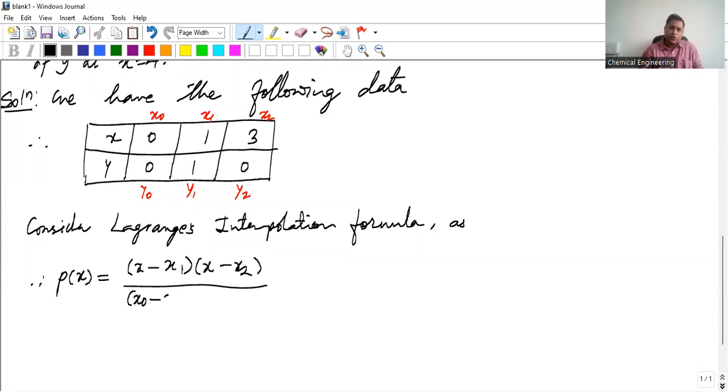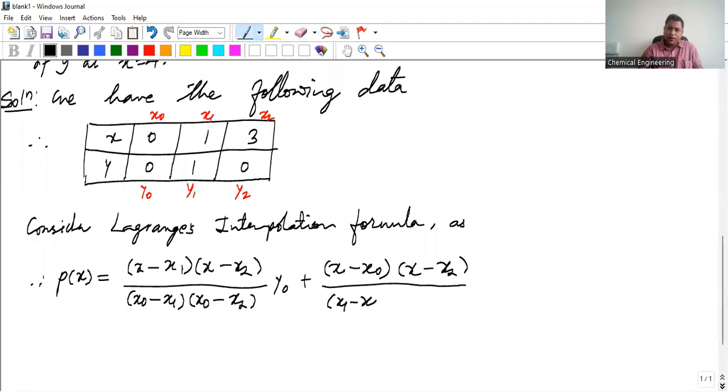So you'll be having x0 minus x1, x0 minus x2, and here you'll be having y0 plus. Now this term corresponds to x1. So x minus x0, x minus x2, and here we have x1 minus x0, x1 minus x2, and here we have y1 plus.